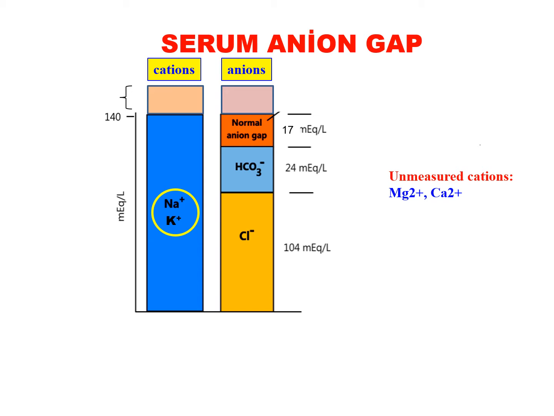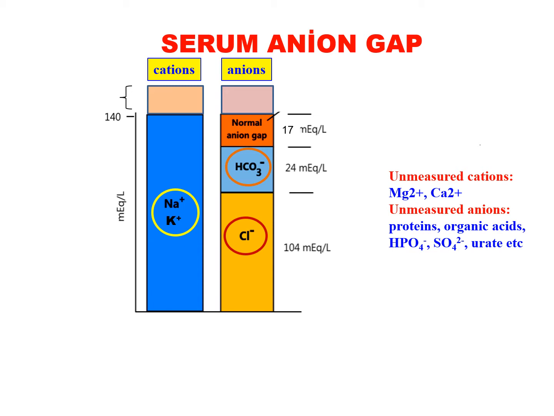Of the anions, chloride is present in the largest number, 104 milliequivalents per liter, followed by bicarbonate, which is roughly 24 milliequivalents per liter, together making up the measured anions. The rest of the anions, roughly 20%, are constituted by proteins, organic acids, phosphates, sulfates, urate, etc., that are unmeasured anions, as these cannot be measured.